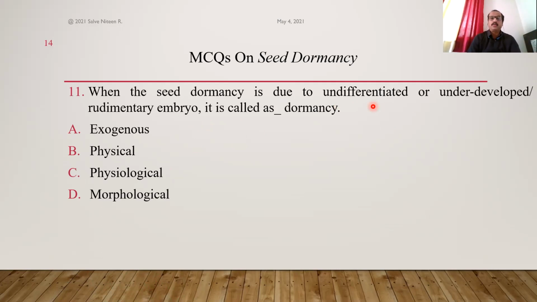So this embryo has to take some time for its development, and that's why it is undergoing a dormancy period. It is not immediately germinating, and this type of seed dormancy where the embryo is morphologically not perfect is called morphological endogenous dormancy, because here the embryo is undifferentiated, rudimentary, underdeveloped. So here answer is D.